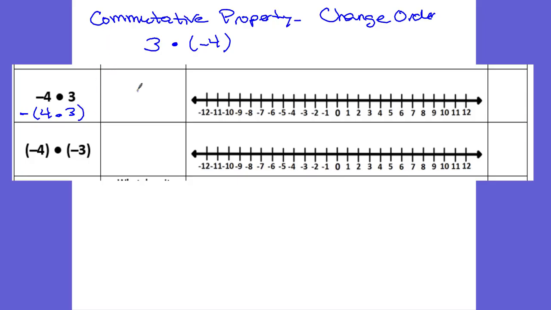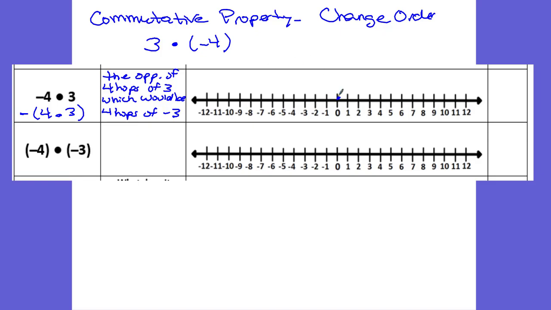So we're going to write this as, and I'm going to abbreviate here, the opposite of 4 groups or 4 jumps or 4 hops of 3, which would be four hops, it's H, or jumps of a negative 3, 3 negatives.